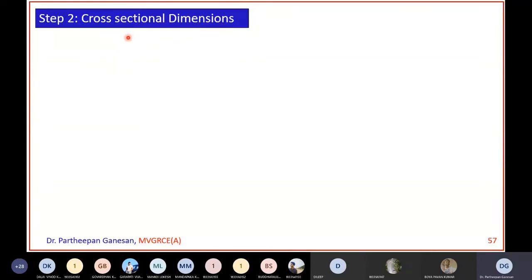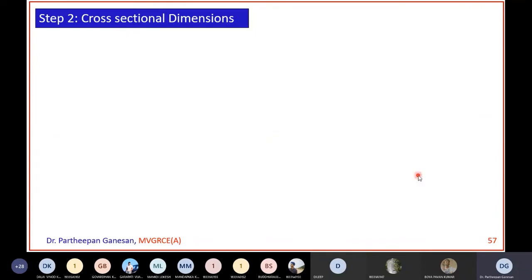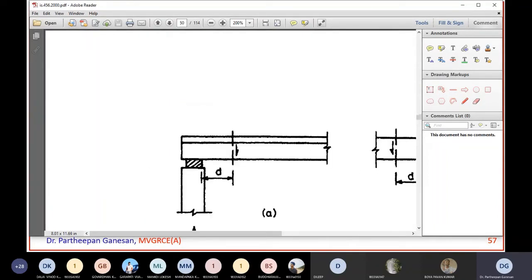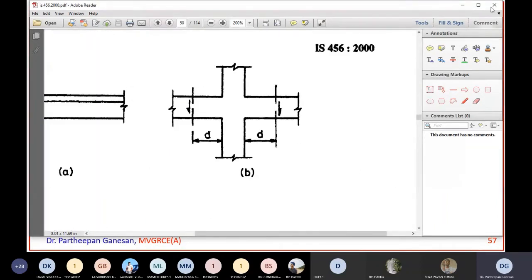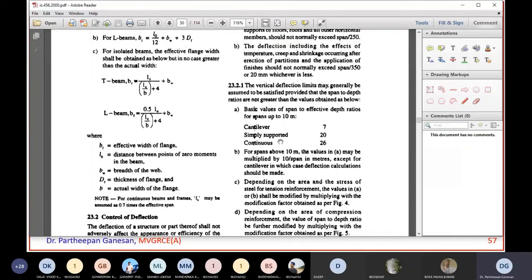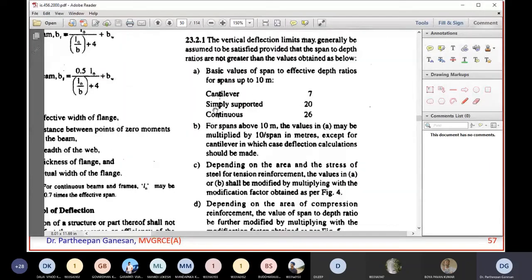From the code book, in clause 23 point something, one second. See here, for a simply supported beam, the span to effective depth ratio has to be 20.